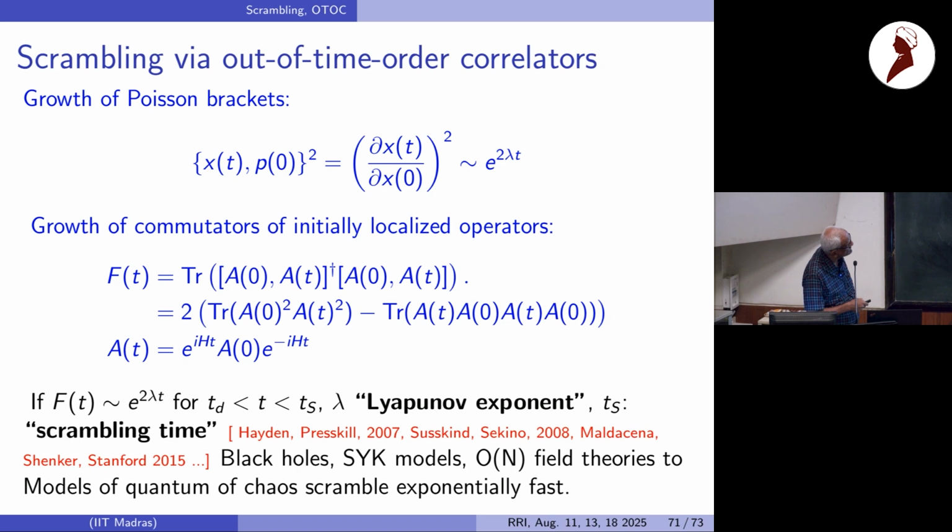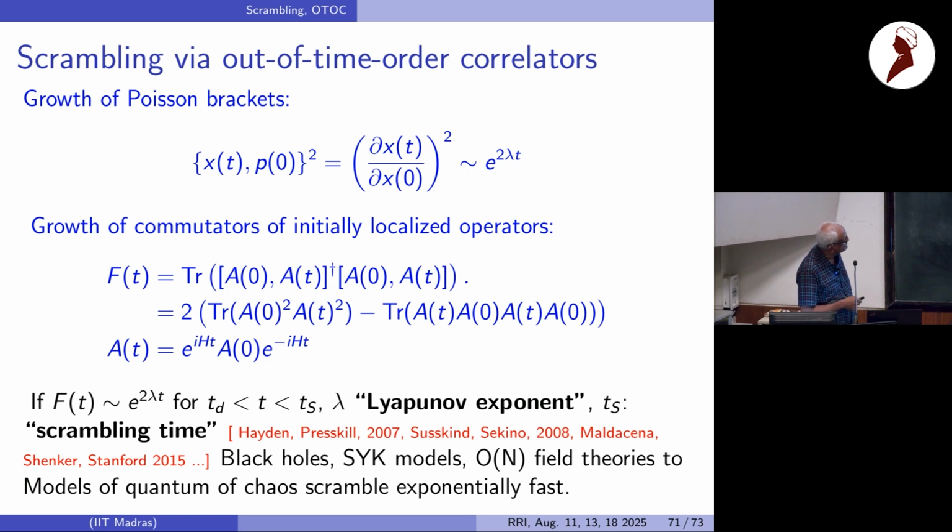If you take the square of this Poisson bracket, it tells you how much x of t is changing because of a change in x0. But going back to our early discussions, this is precisely, if I change initial conditions, how much is the final condition changing? So if there is chaos, you expect that this is increasing exponentially in time with that lambda being a Lyapunov exponent. So you can expect that Poisson brackets measure a Lyapunov exponent.